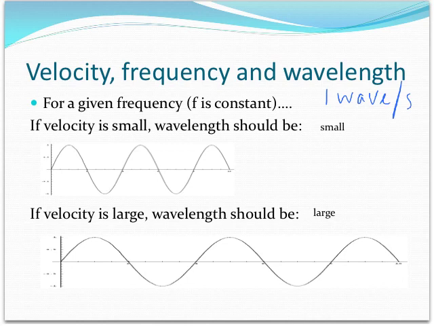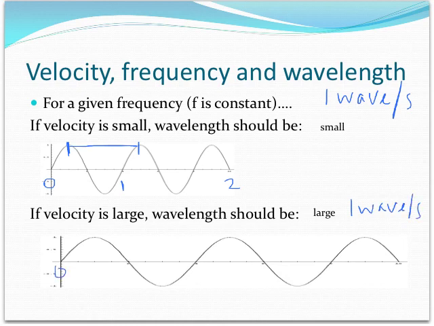What happens is your wavelength is going to change size. So let's say that if this is 0 time, this is going to be 1 second, that's going to be 2 seconds. Your wavelength is from here to here. Now let's say down here, if it's a large velocity, our frequency is still 1 wave per second.